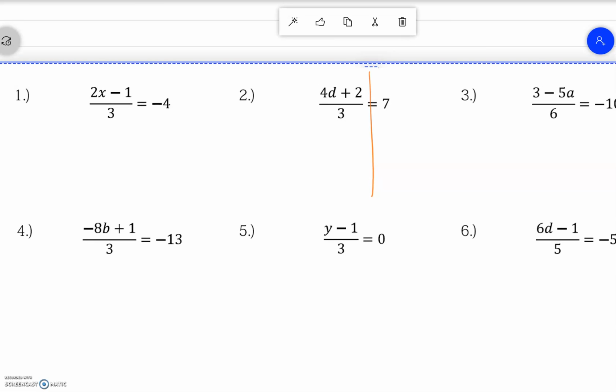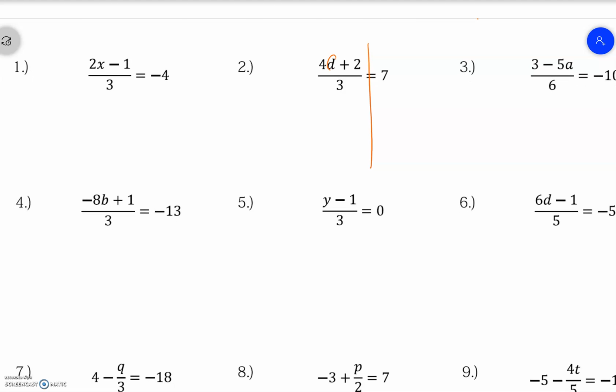So that variable is all the way inside of this, which is inside of that, which is inside of that. So we have to work from the outside in. So I'm going to multiply by 3 first to get the 3 out of the denominator.